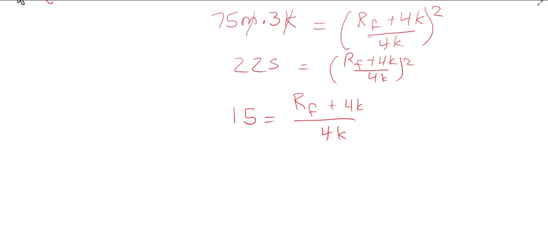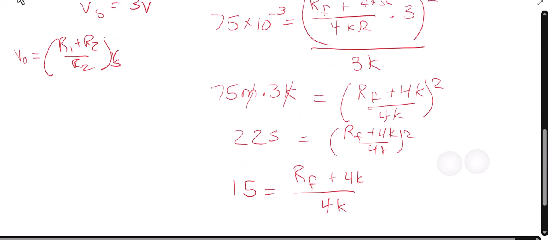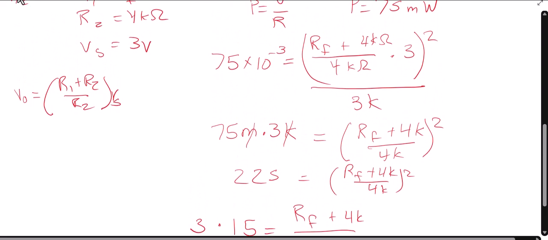I did something wrong. Isn't it that the 3 was supposed to be squared? So there should be another 3 over here. Oh no, the 3 was not supposed to be squared.